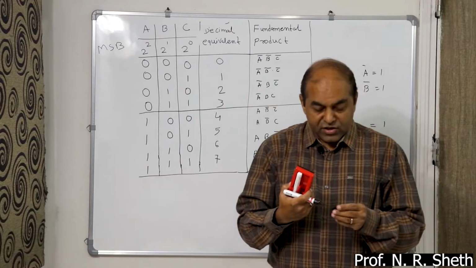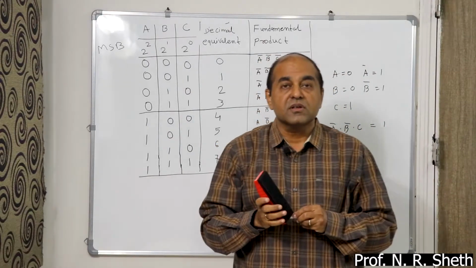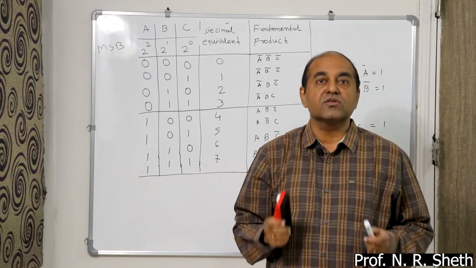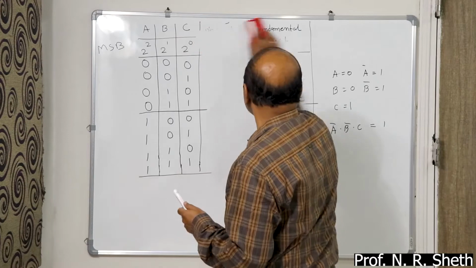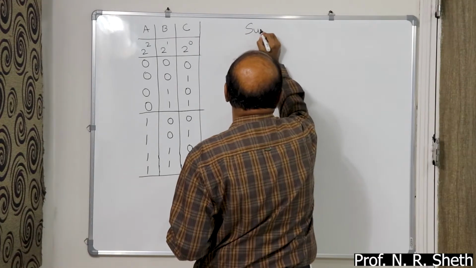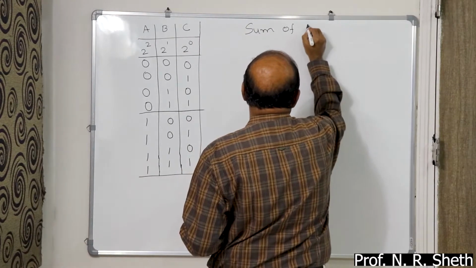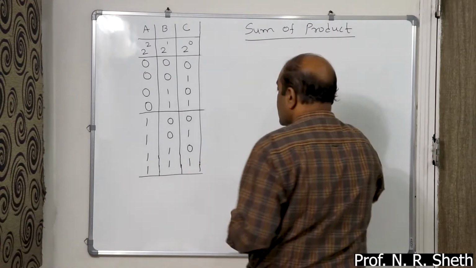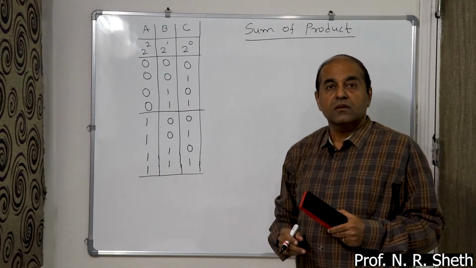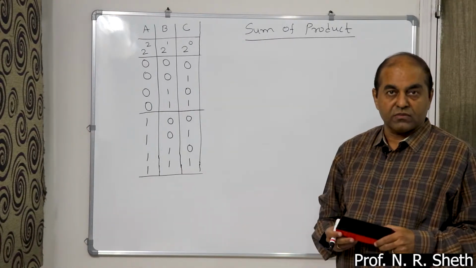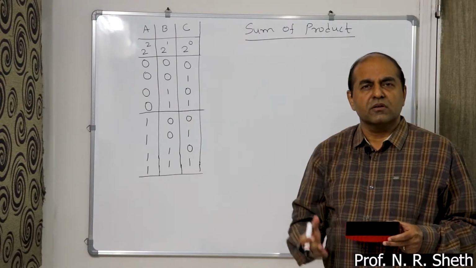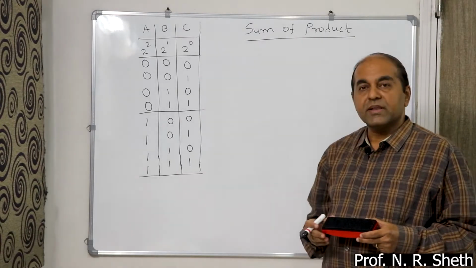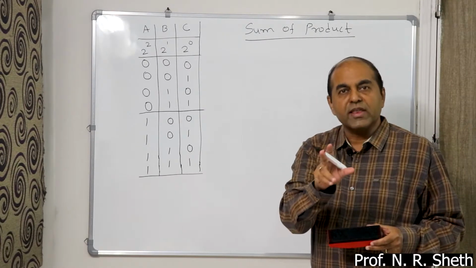Now, in today's lecture, first we are going to discuss the sum of product method. This is the second method to reduce the size of a Boolean equation. The sum of product method is used to simplify the Boolean equation without using much mathematical application. In the last lecture we applied mathematical application, but it was only for 2 variables, so it was simple.